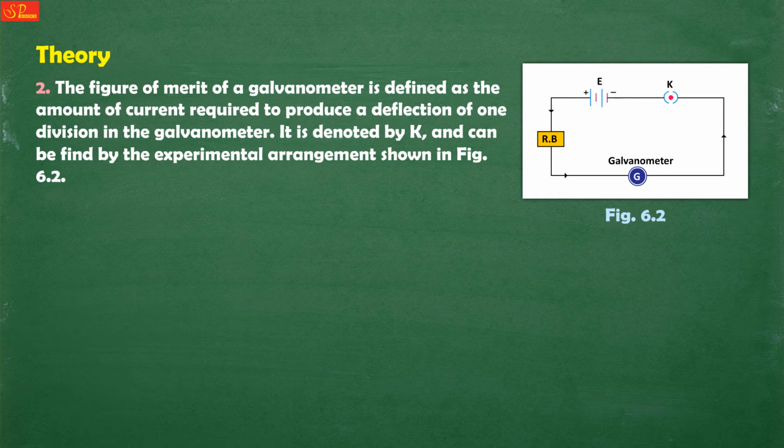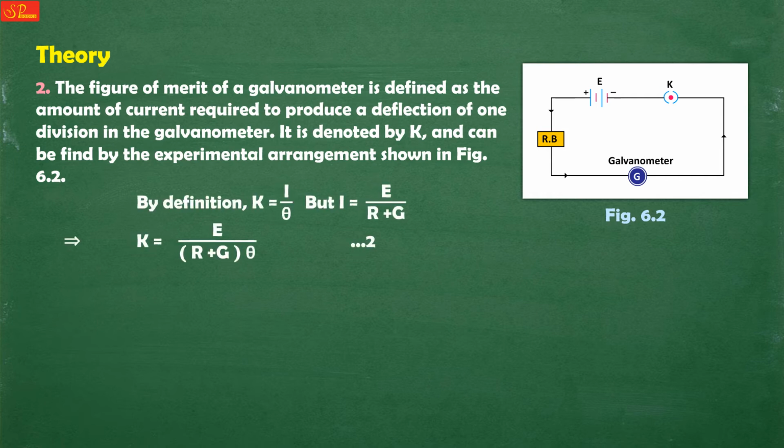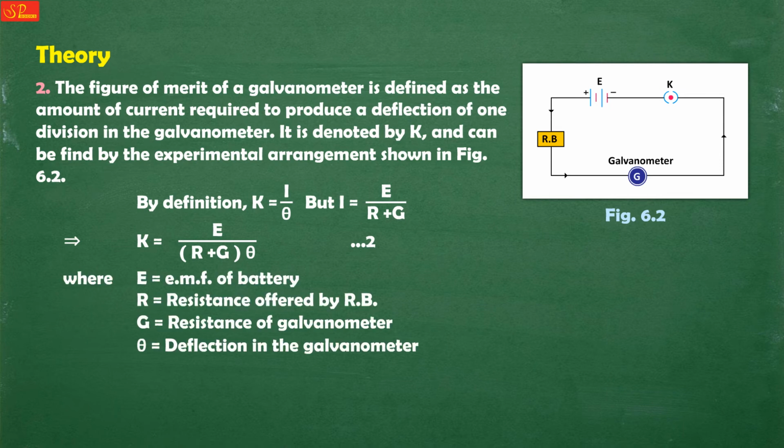It is denoted by K and can be found by the experimental arrangement shown in figure 6.2. By definition, K equal to I by theta, but I equal to E by R plus G, which implies that K equal to E by (R plus G) theta, equation 2, where E is the EMF of the battery, R is the resistance offered by Rb, G is the resistance of the galvanometer, and theta is the deflection in the galvanometer.